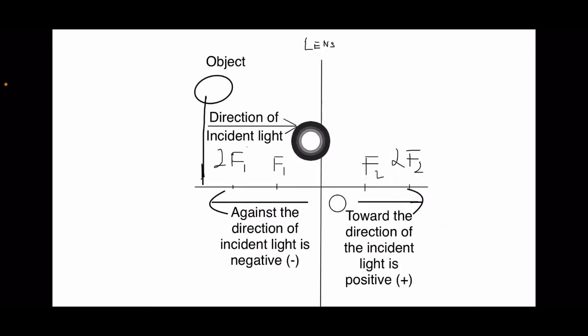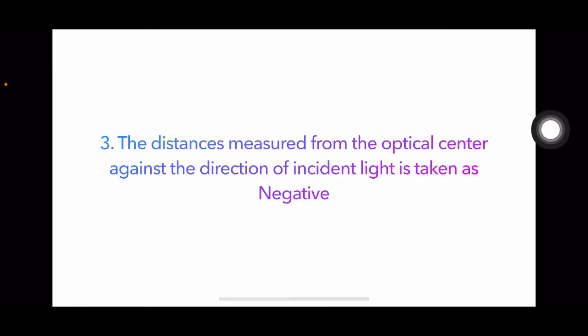That means this is the direction of the incident light that goes from left to right. So the distance is always measured starting from the optical center. Now any distance that is on the right side will be positive because it goes towards the direction of incident light. The third rule is that the distances measured from the optical center against the direction of incident light are taken as negative.